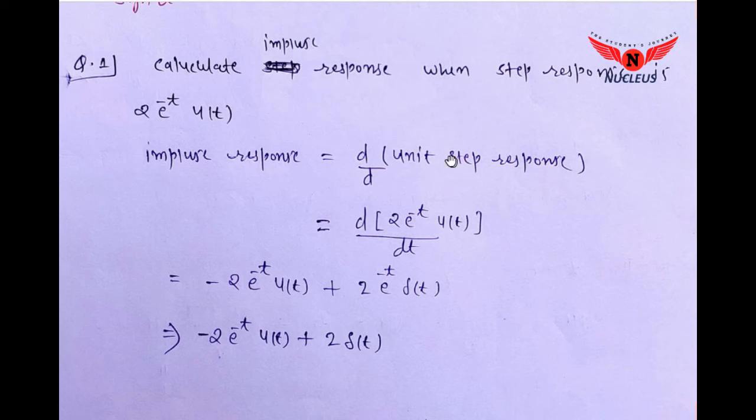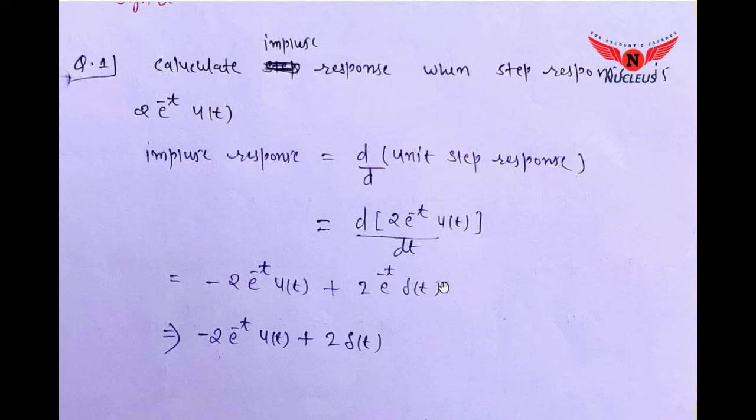The step response is given, so differentiate this one and you will get minus 2e^(-t)u(t) plus 2e^(-t)delta(t). From the property of the delta function, put t equal to 0 in this function, and we will get minus 2e^(-t)u(t) plus 2delta(t).